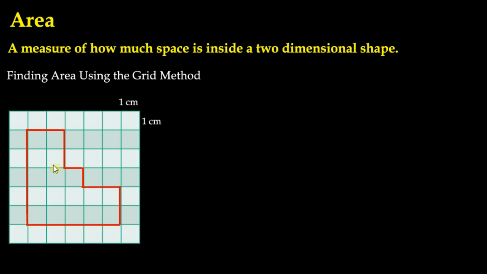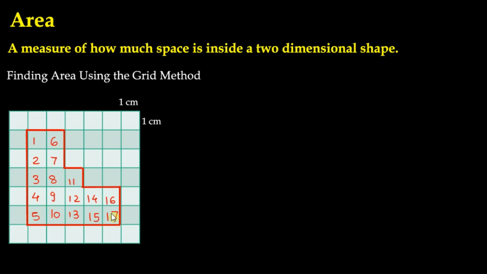Then let's count how many small squares are there inside this shape. So there are 1, 2, 3, 4, 5, 6, 7, 8, 9, 10, 11, 12, 13, 14, 15, 16 and 17 small squares inside this shape.